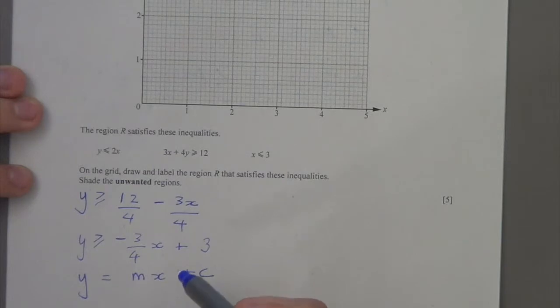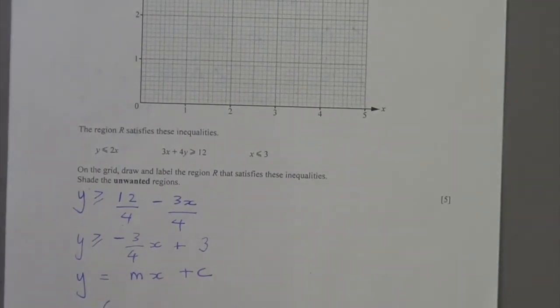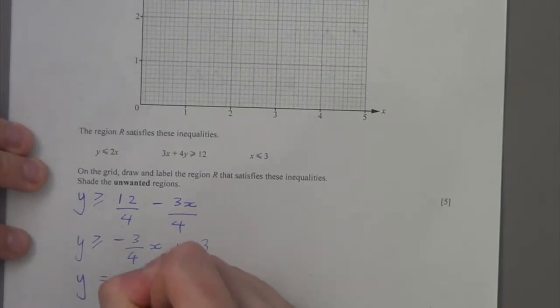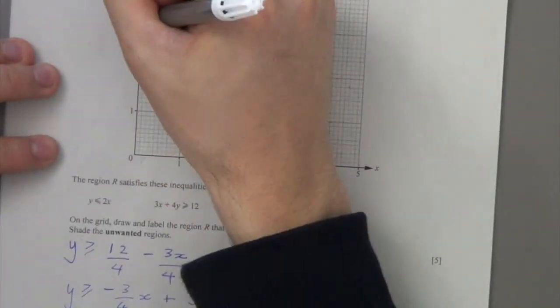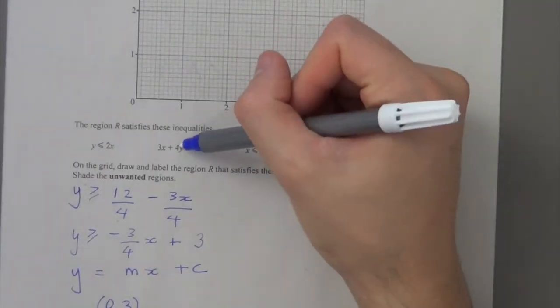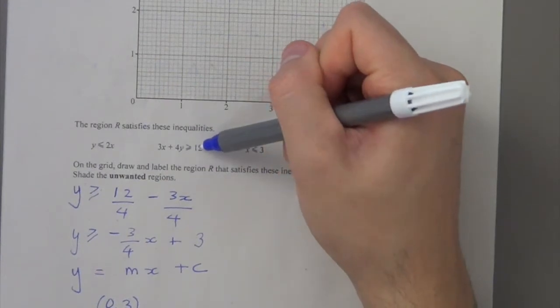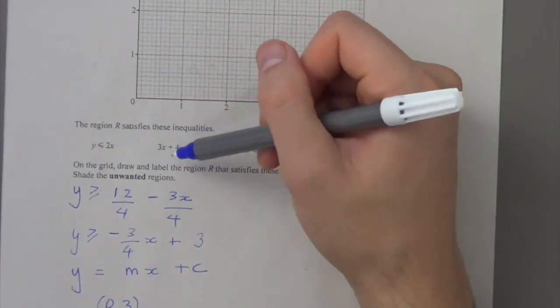So let me find 2 points on this line. Basically I'm going to substitute x as 0 and y as 0 to give me 2 points. If I substitute x as 0, it gives me y equals 3. So my first point is going to be 0, 3. So let me plot that. If I make y 0 now, then I have to find out x, so it's 12 divided by 3, x becomes 4.